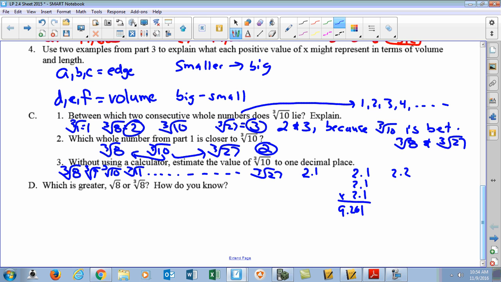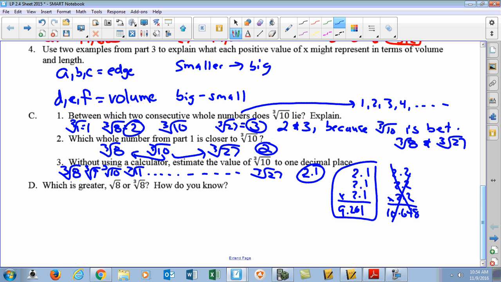And if I did 2.2 times itself 3 times in my calculator, that's 10.648. So because this number is over, 2.2 will be too big of an estimation. So 2.1 would be more accurate because I'm still under 10. I'm about as close to 10 as I can get without going over. And obviously there are more decimal place values that we can cover.